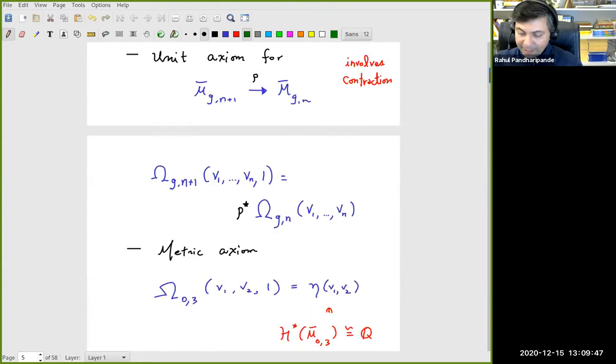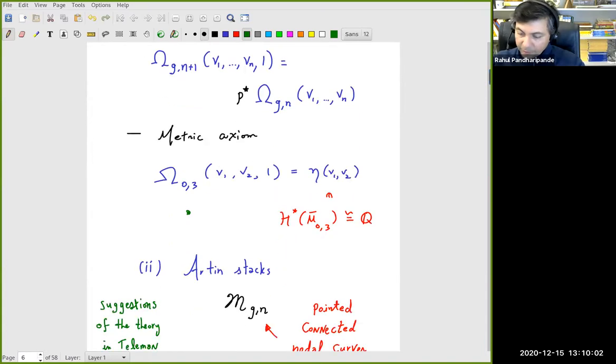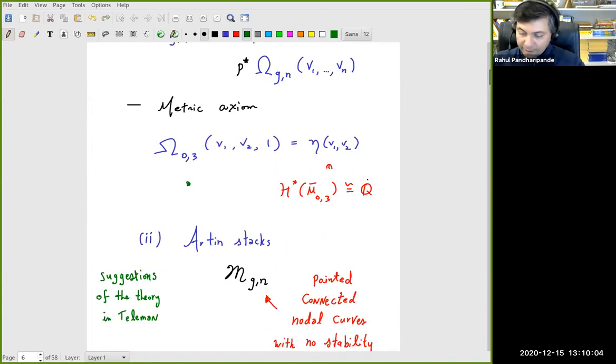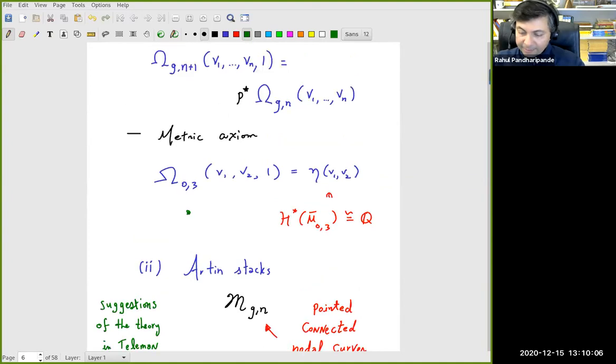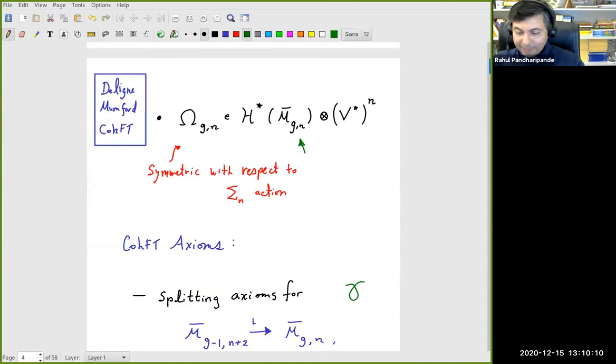Okay, and then there's the metric axiom, which says that for genus 0 with 3 points, this moduli space is just a point, and we can give ourselves 3 vectors. If one of them is the unit, we get this metric point, meaning that's a scalar on the point. Okay, so that's the warm up. That's to remind you, roughly speaking, what a CohFT is.